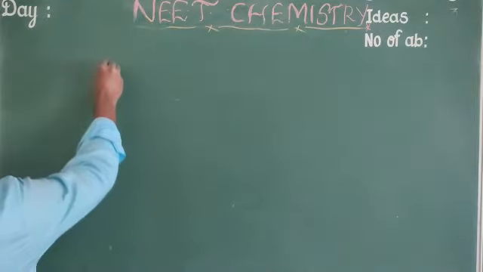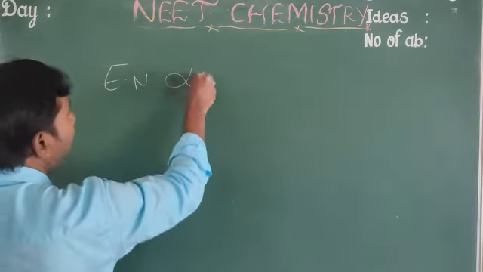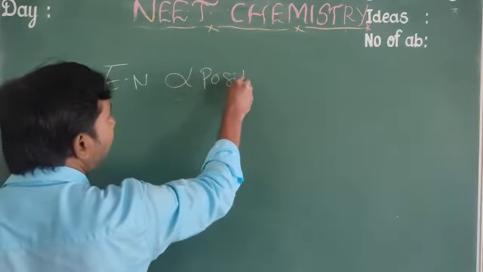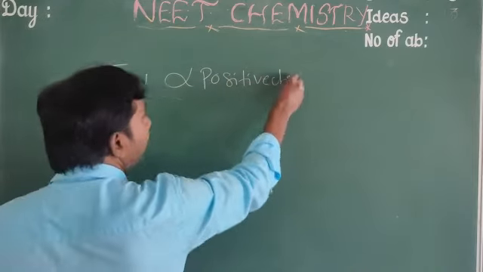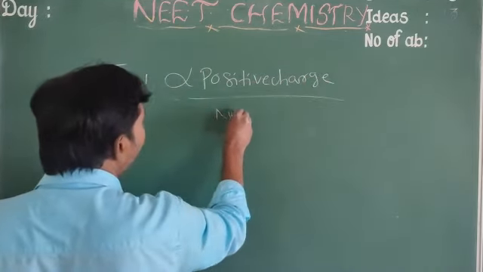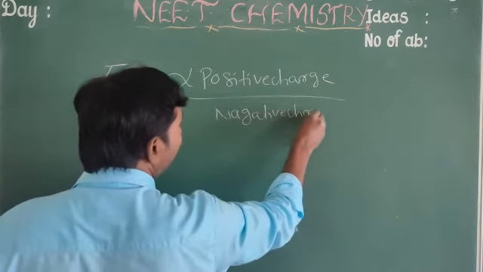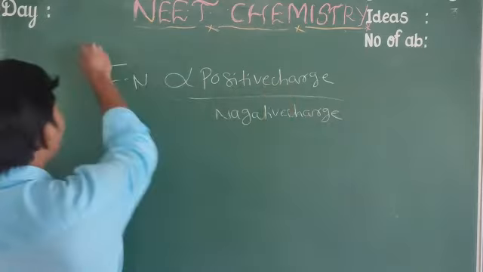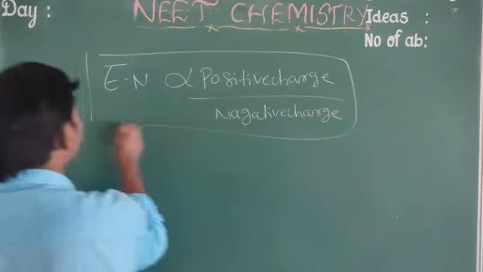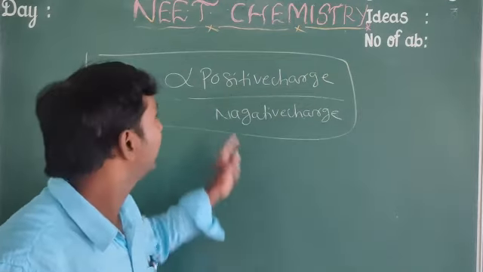Then electronegativity is directly proportional to positive charge and inversely proportional to negative charge. Why? We already discussed this in the atomic radius topic.